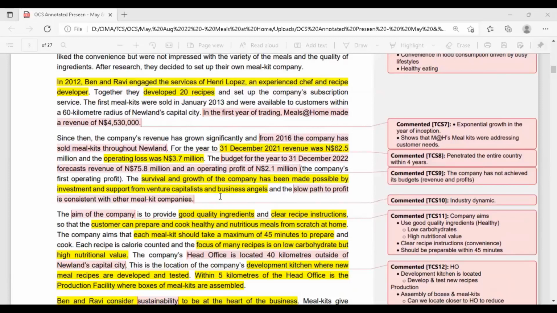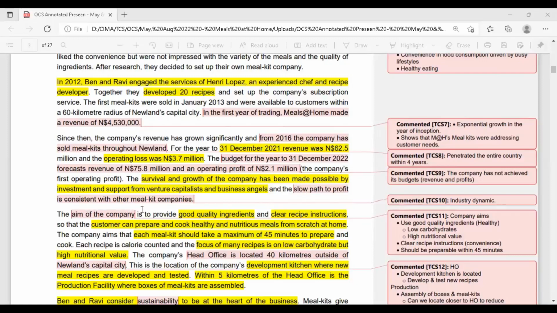So as I told you earlier, financially, specifically looking at profitability doesn't look too good when you look at Meals at Home. So whenever there were financial strains, business angels or venture capitalists had pumped in money to keep the company afloat. Okay, why is this the case? Because there's a slow path to profit which is consistent with other meal kit companies.